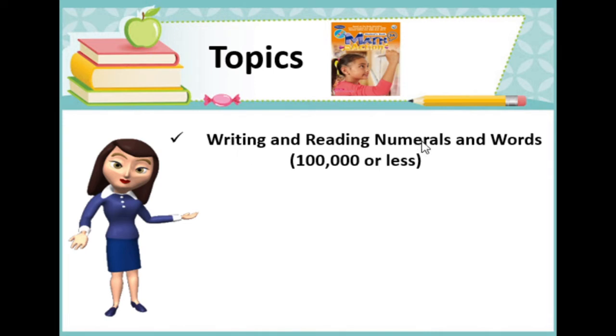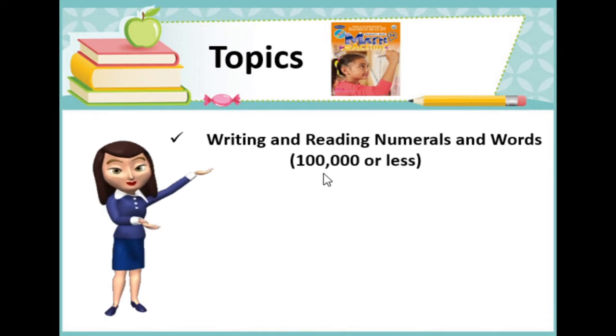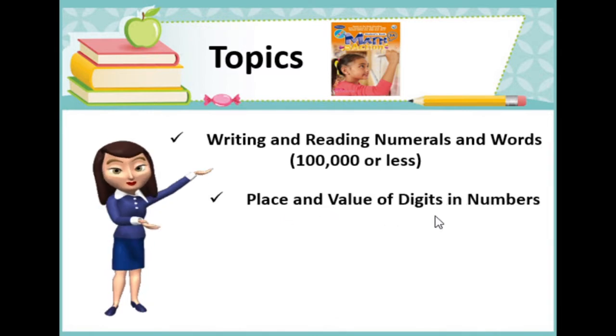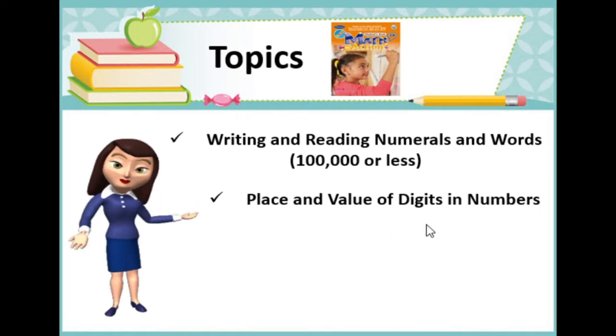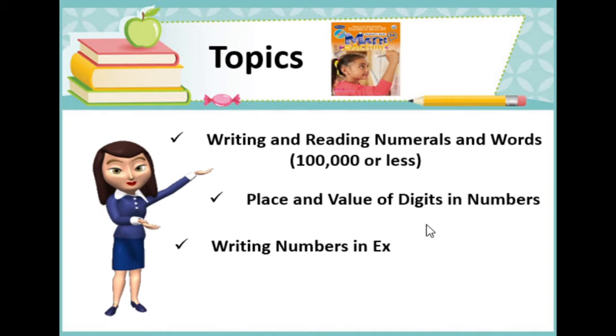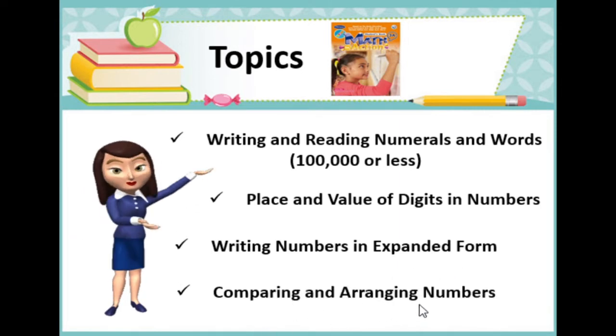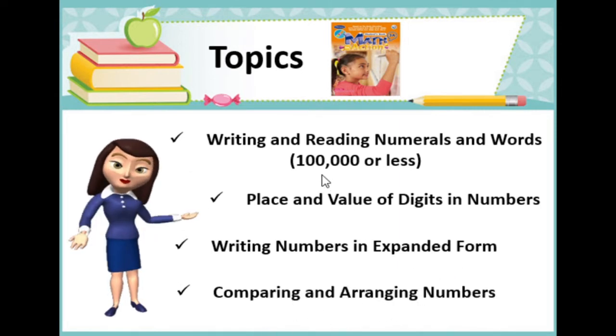And then we're going to have place and value of digits in numbers. And also, we'll have writing numbers in expanded form and comparing and arranging numbers ranging from 100,000 or less.